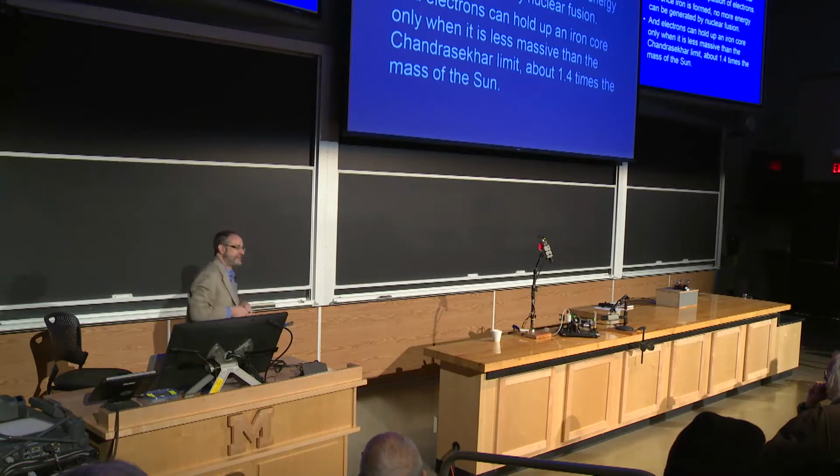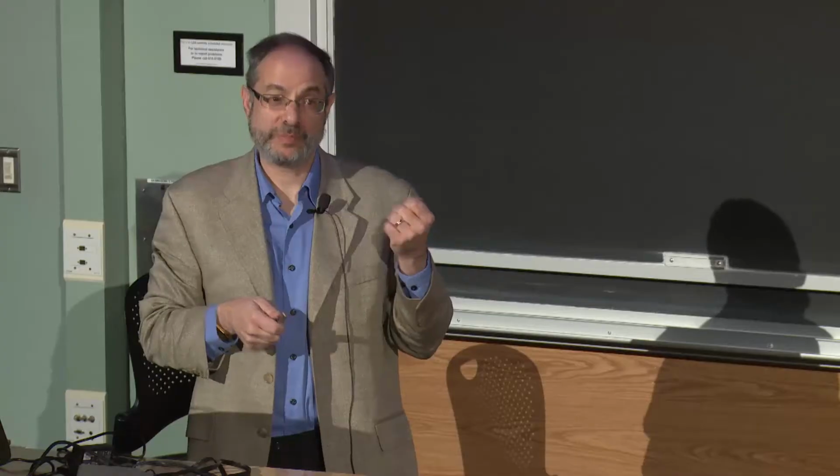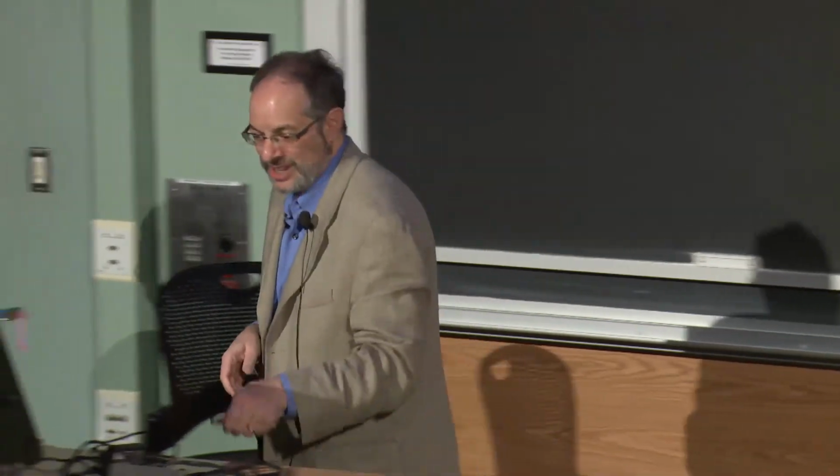However, it was found many, many years ago by Chandrasekhar that a core of a star can only be held up by this electron degeneracy pressure if it's less than 1.4 solar masses. So that's fine for our sun, right? Our sun is 1 solar mass, so it will not have any trouble holding itself up with electron degeneracy pressure.